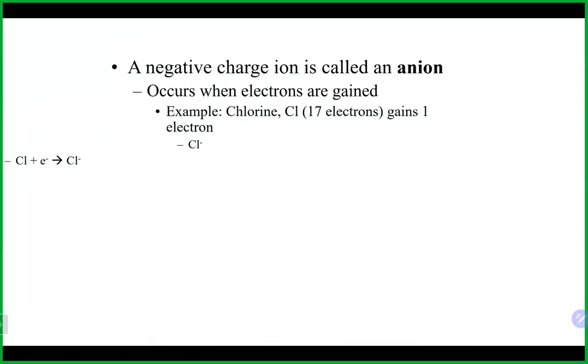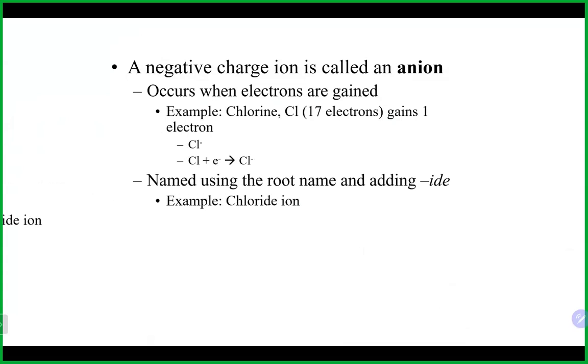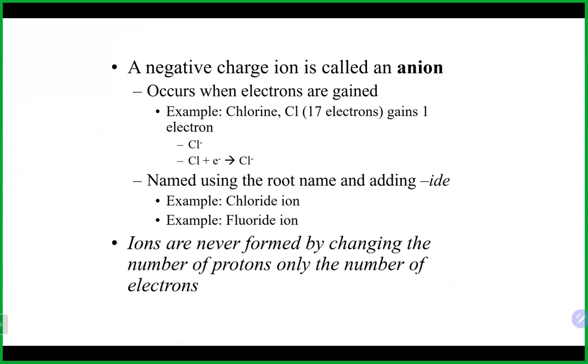Now, an anion, as we talked about, is the opposite. It is when somebody gains electrons. If we look at chlorine, chlorine is number 17 on the periodic table, so it's got 17 protons. With no charge, it would also have a matching number of electrons.